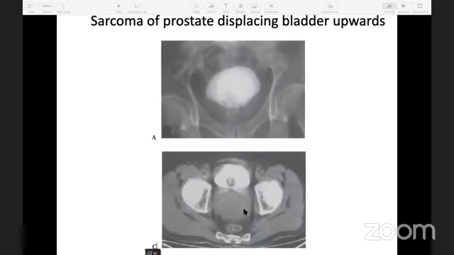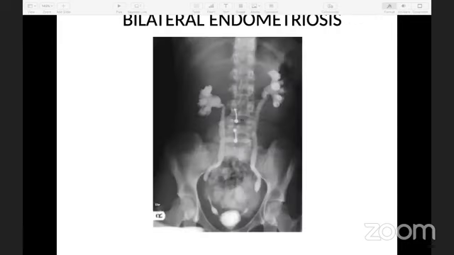Leiomyosarcoma of prostate, shifting bladder upwards. Bilateral endometriosis causing bilateral lower ureteric strictures and hydroureteronephrosis.